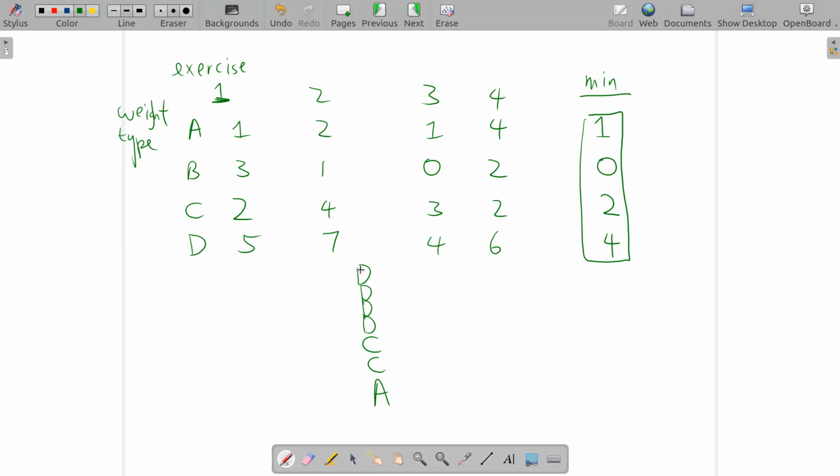So these you put on the bottom, you do all your exercises, and then you move them at the very end. Make sense?